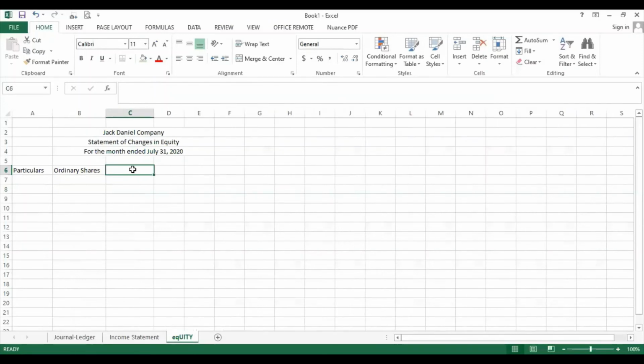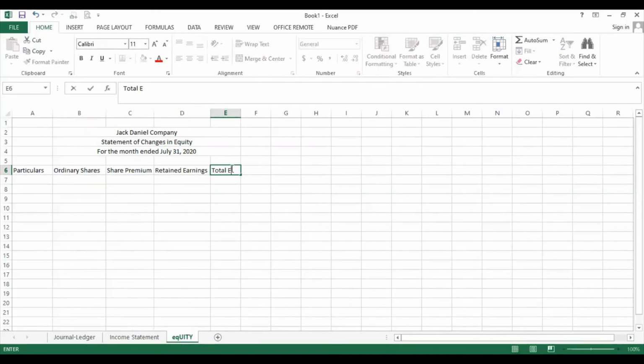So particulars, ordinary shares, share premium, retained earnings, and you have your total equity. You have your beginning balances.